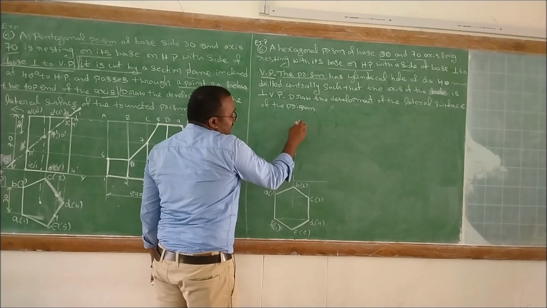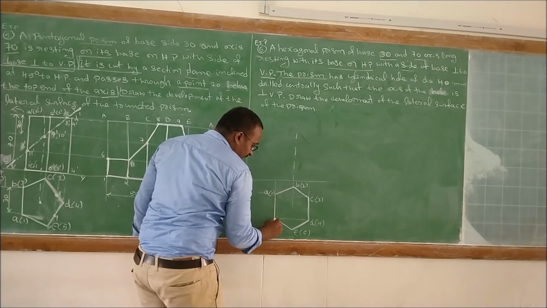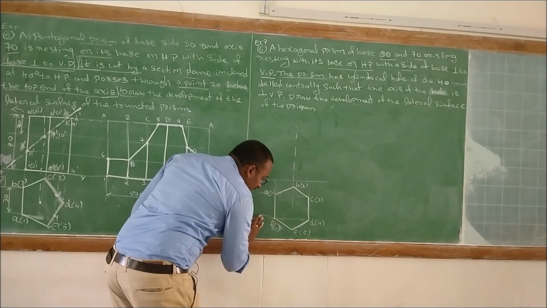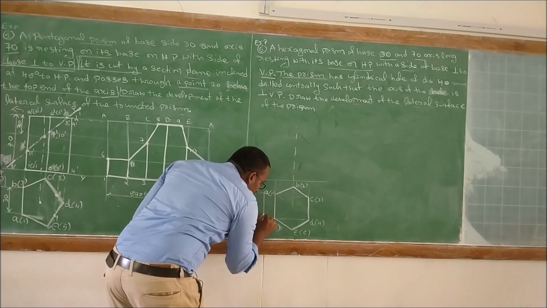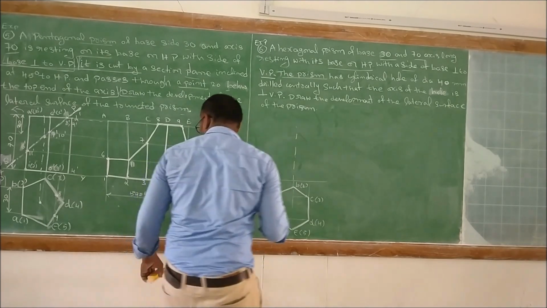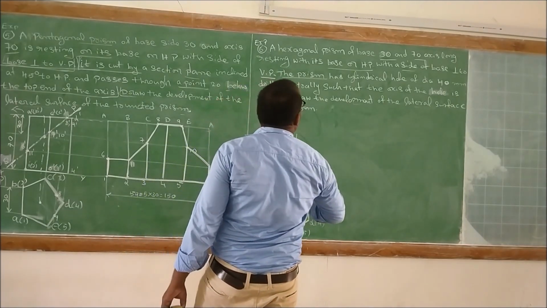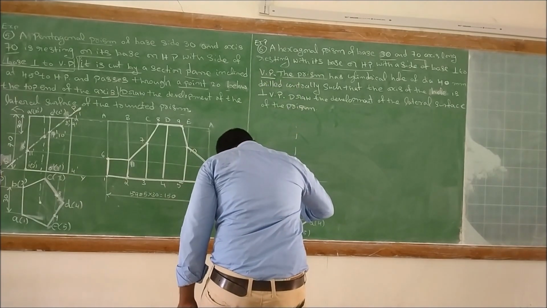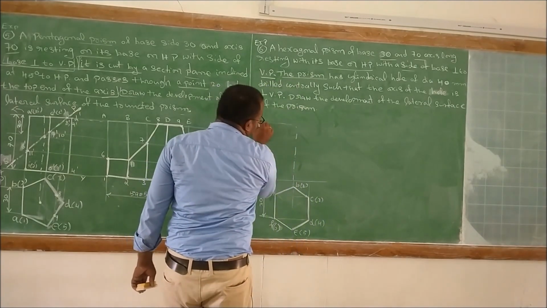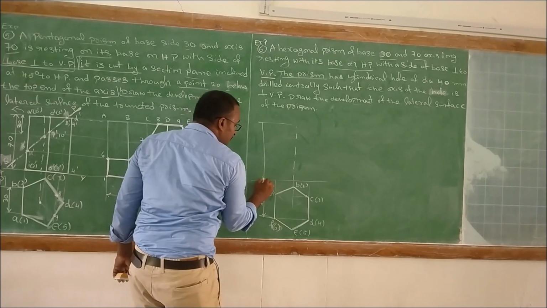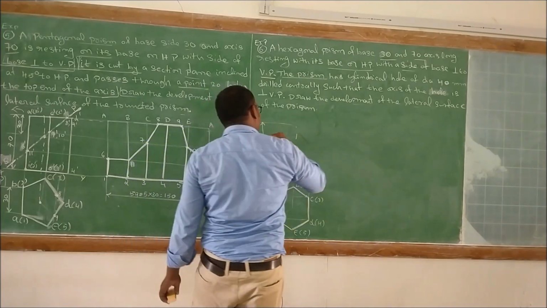The center axis height is about 70 mm, and here the side of the base is about 30 mm, and then the height is 70 mm.